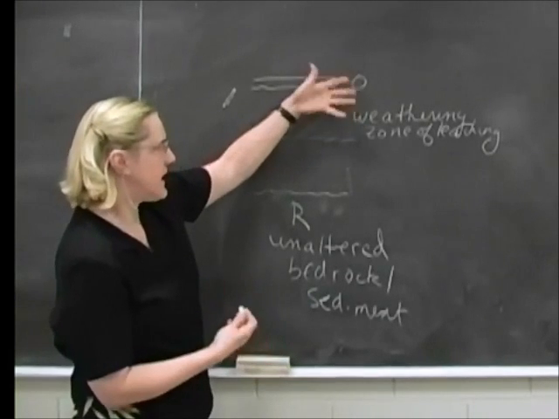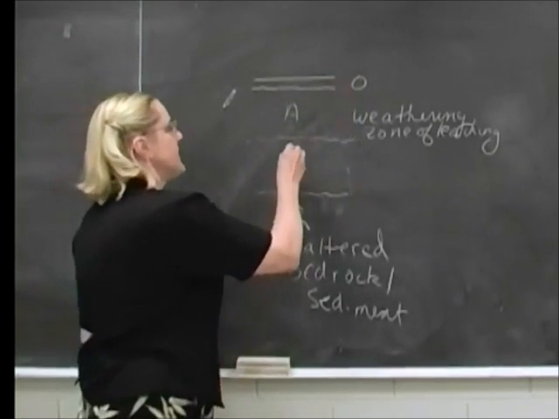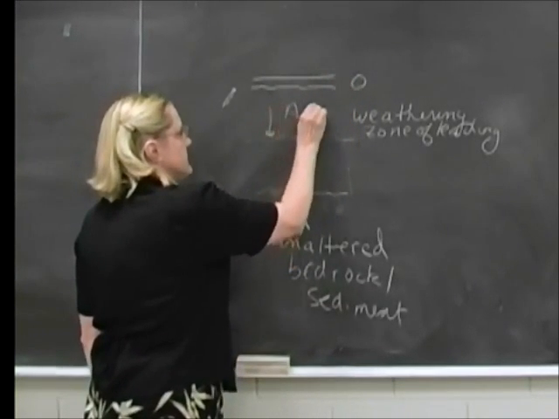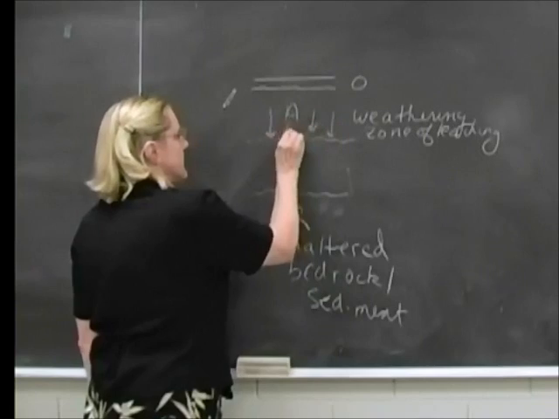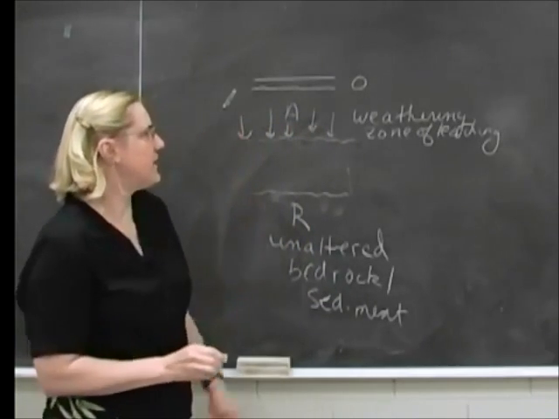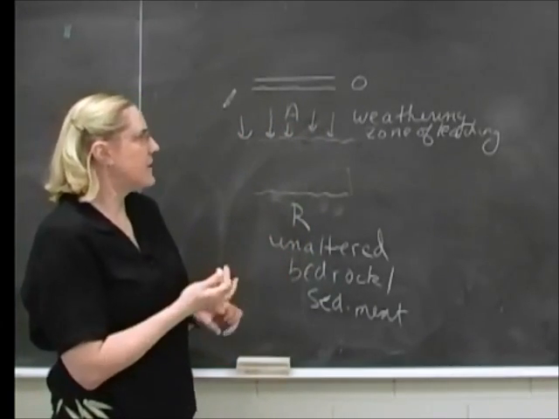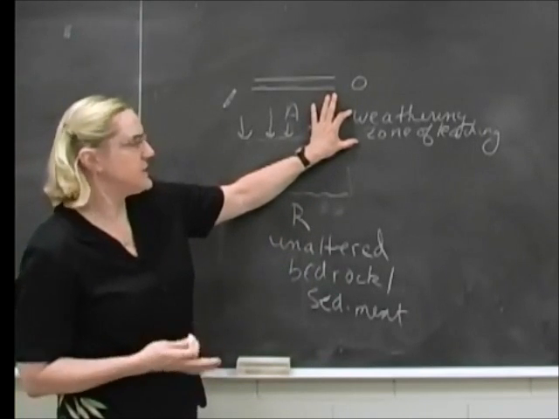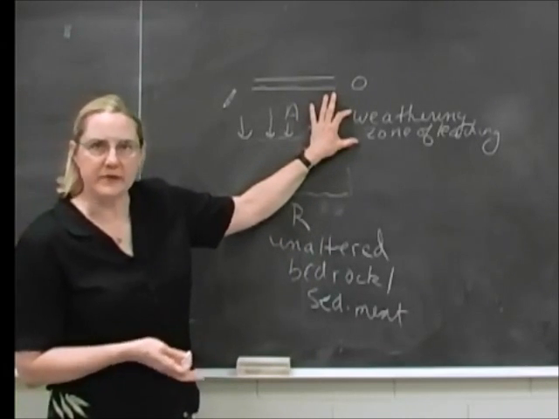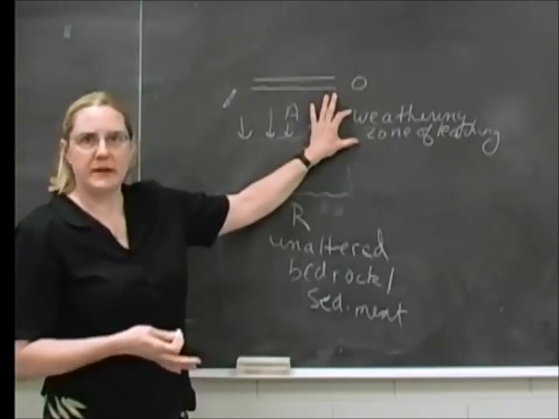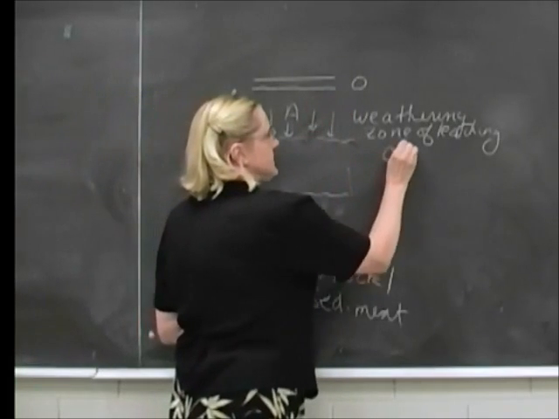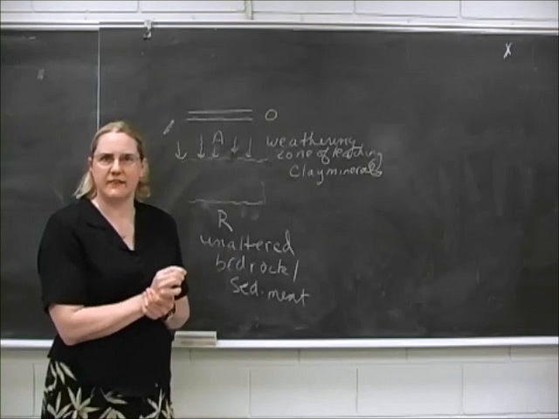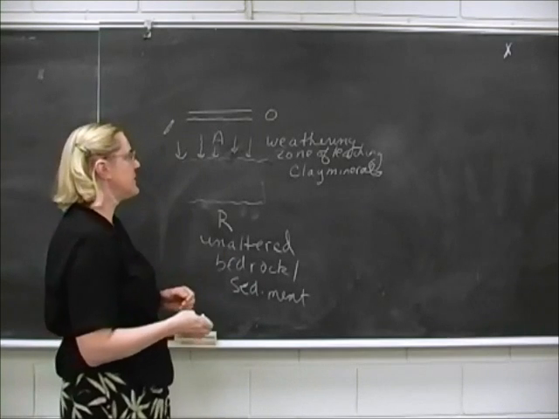They release solutes or little dissolved ions. And those ions are basically trickling downwards, both in the water and also as physical particles. During the weathering of these materials, you start to make smaller and smaller minerals. And these minerals might be clay minerals, which are very fine-grained sheet silicates, like very fine-grained mica is very similar.